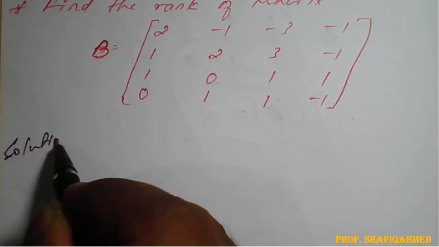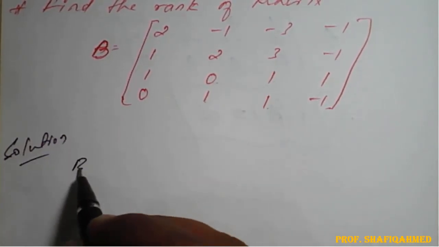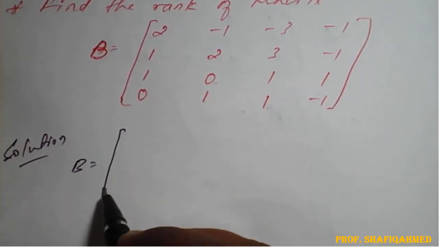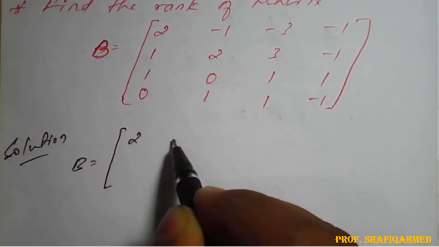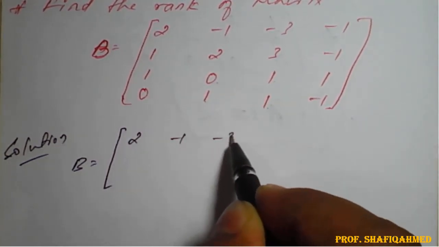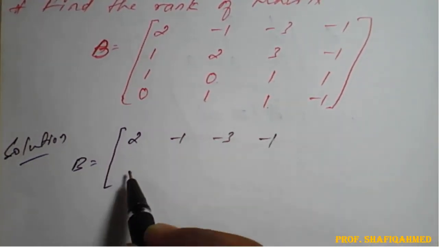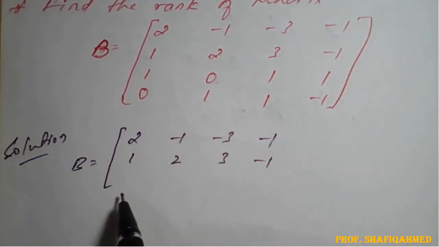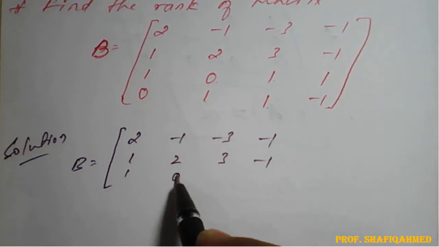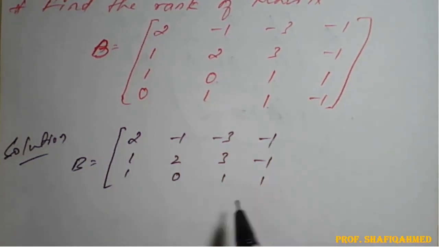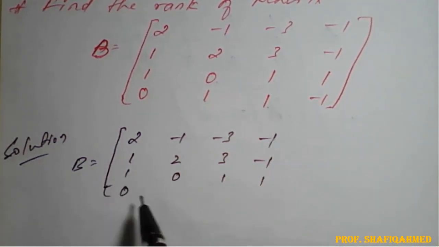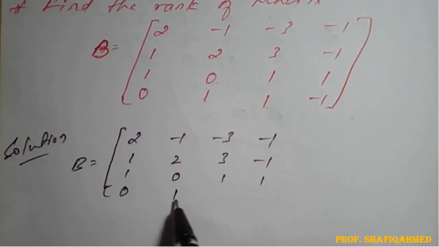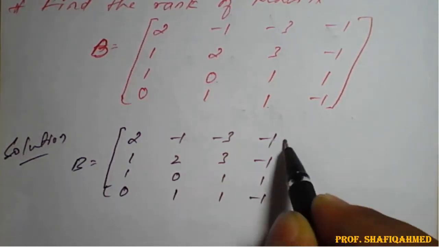Solution: the given matrix is B equal to 2, minus 1, minus 3, minus 1, 1, 2, 3, minus 1, 1, 0, 1, 1, and the last row is 0, 1, 1, minus 1.